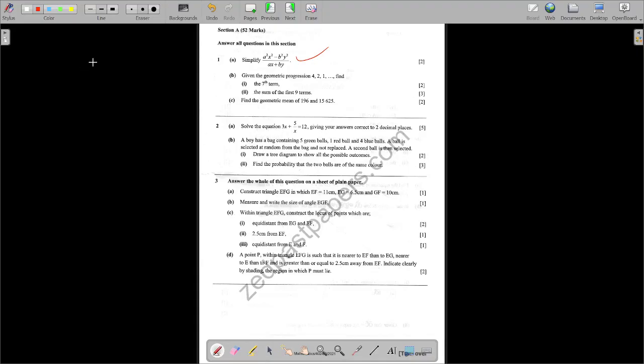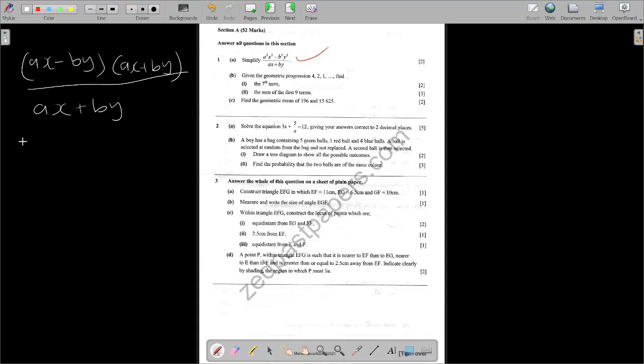So we can rewrite this as (ax minus by) times (ax plus by), divided by ax plus by.